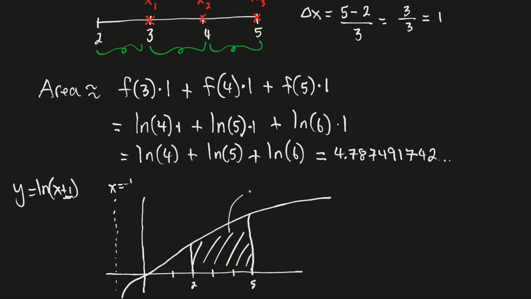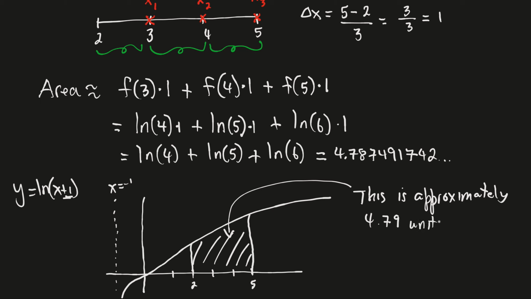So what we can say is, based on this type of Riemann sum using this many subintervals, 3, this area is approximately, remember it's not exact because we're actually using rectangles to approximate what we have here. So this is approximately 4.79, I'll round to 2 decimal places, square units.